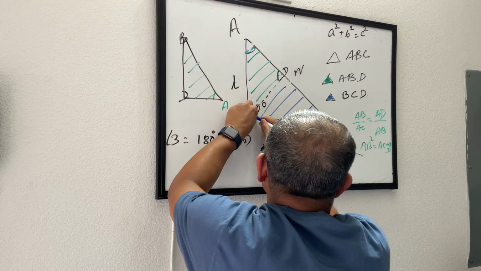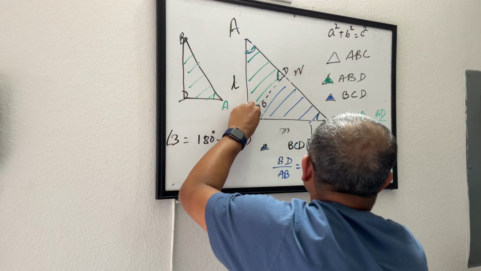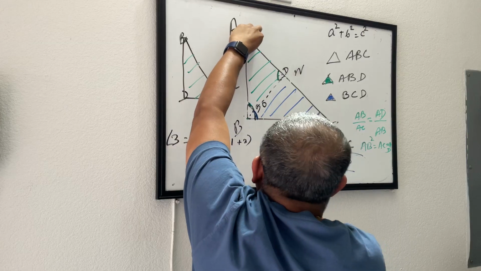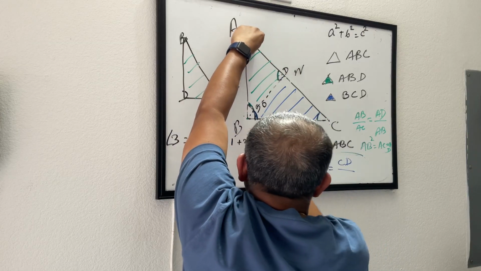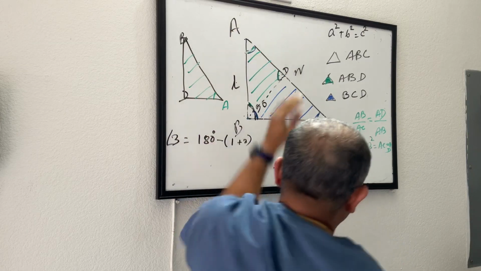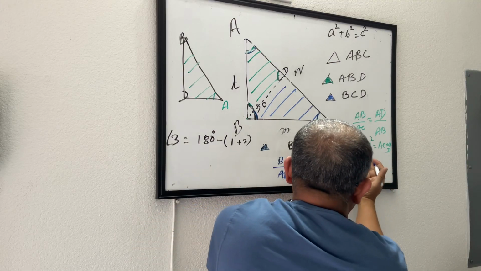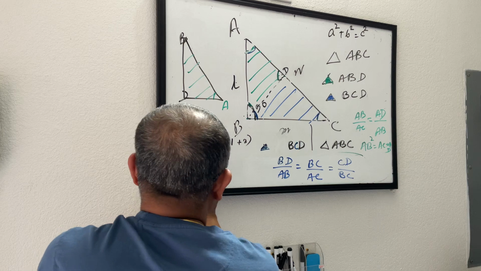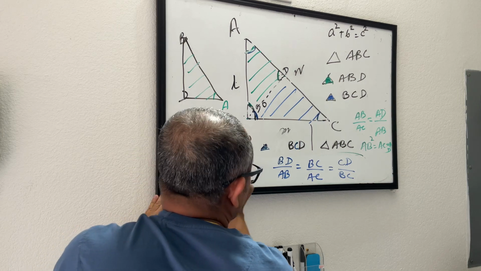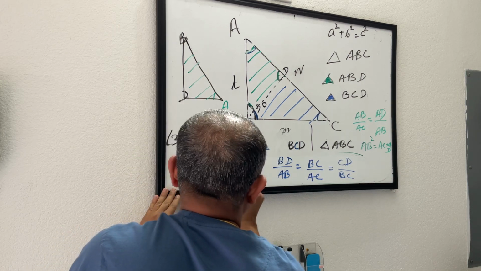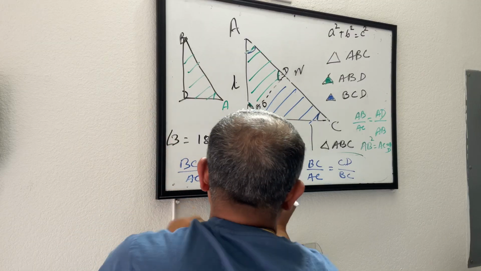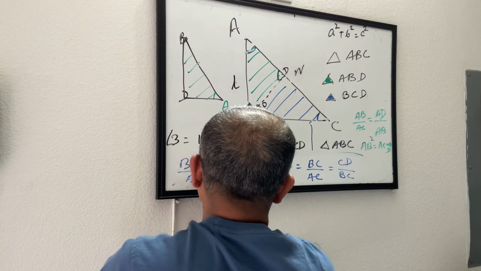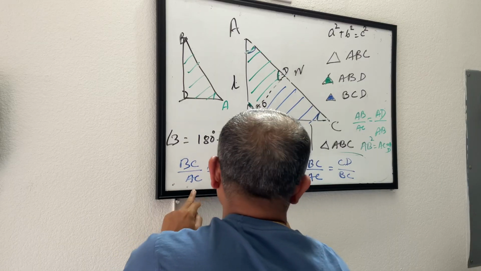So side opposite to this in the small triangle is CD, and then this is the matching angle in the larger triangle, side opposite to that is BC. So here again you take the same combination BC, BC. Okay. So from this one, BC by AC equal to CD by BC. And then you do a cross, what you get is BC into BC will give you BC square equal to AC into CD.